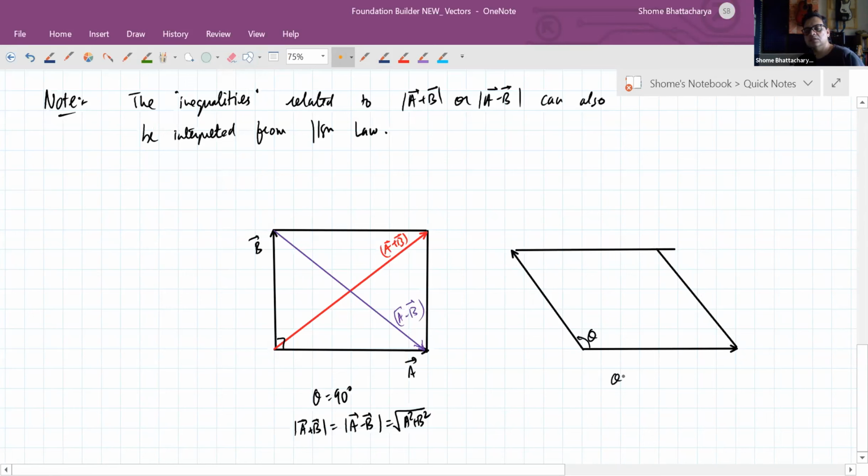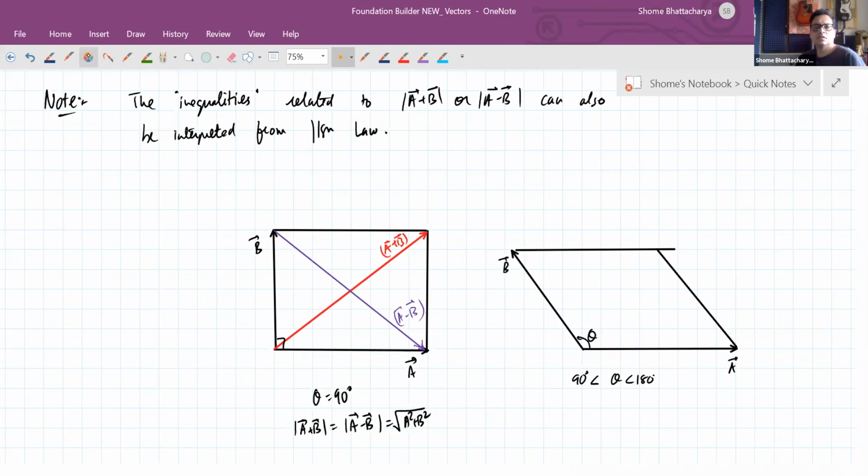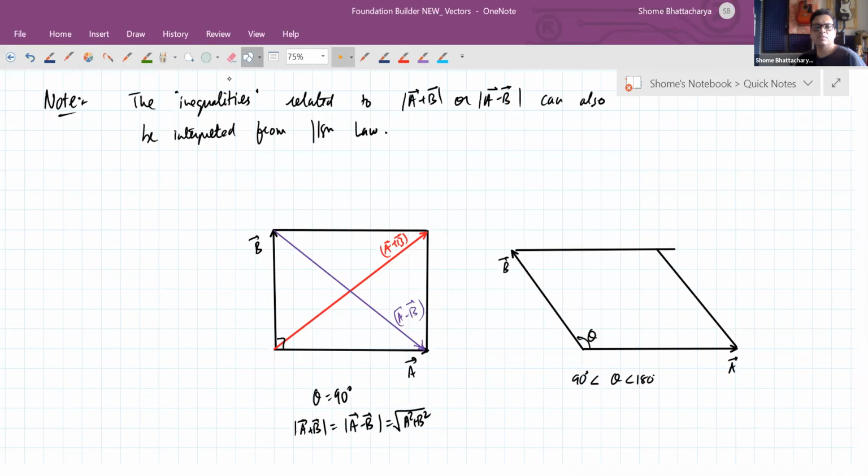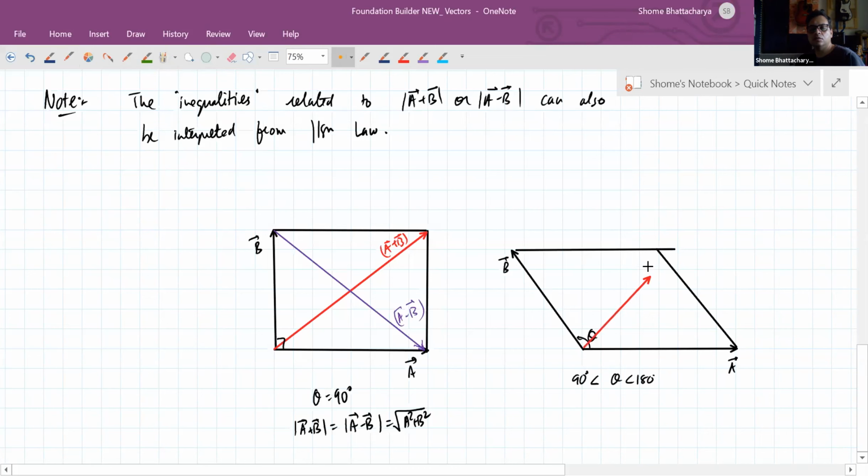So theta is greater than 90 degrees, less than 180 degrees. So the moment you draw a parallelogram like this, if you compare it with the rectangle, now you can see that it has got bent in such a way that this diagonal, the primary one, has got smaller.